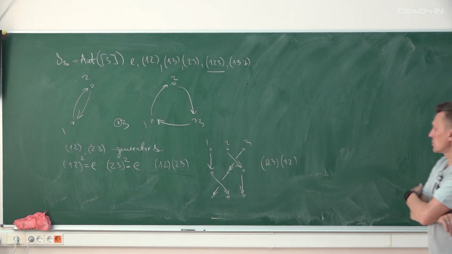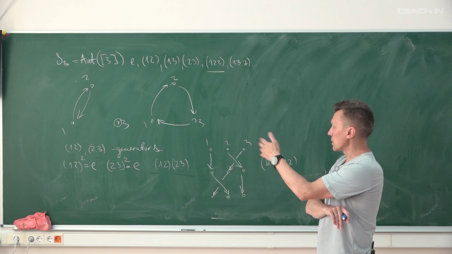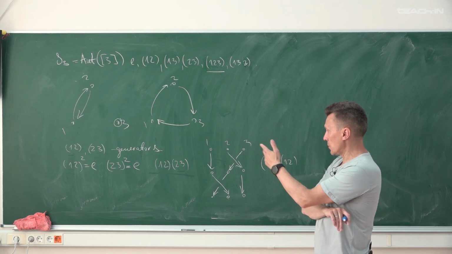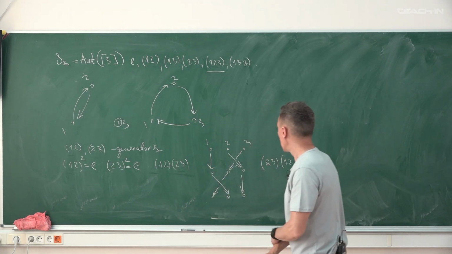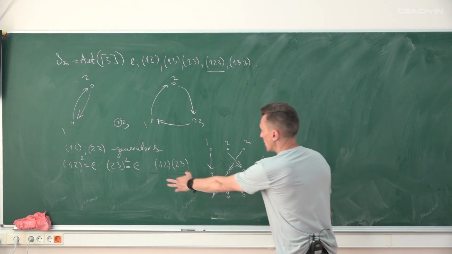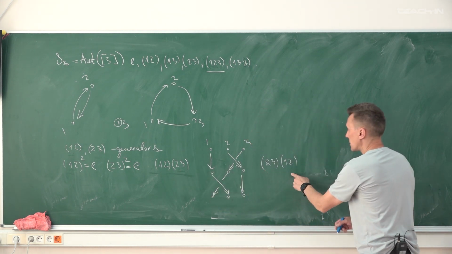The powers are trivial, so there is no sense to consider higher powers of each generator. But there are mutual monomials, the product like this and the product like this.